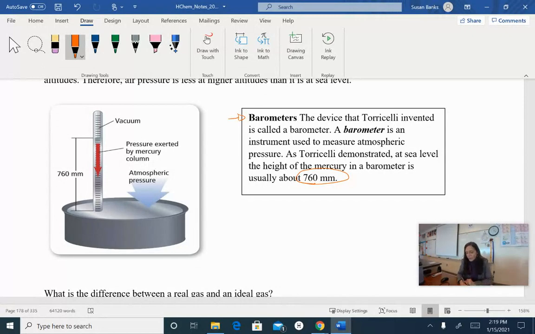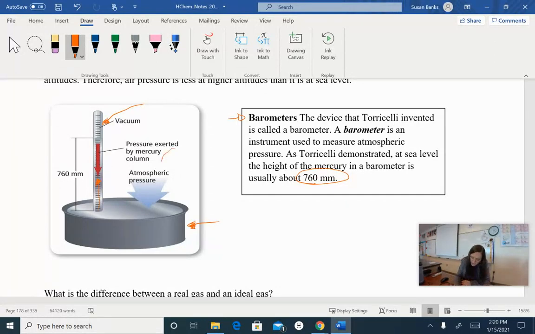Okay? At sea level, the height of mercury in a barometer is 760 millimeters of mercury. And let me tell you how we get that 760 millimeters of mercury. Torricelli created a pan of mercury, and he used mercury because it was very dense and it didn't really evaporate, so it would stay there. And then he put a tube with markers or measurements on it that had been vacuumed, so it had no air, it had nothing in it. And he noticed that if he inverted that tube into this pan of mercury, some of the mercury would rise up into the tube.